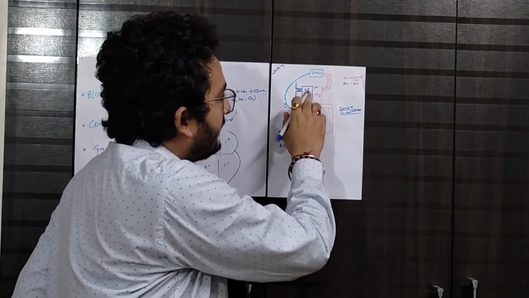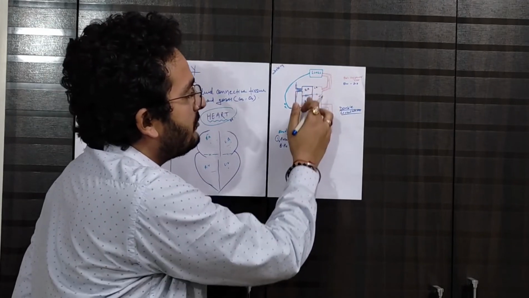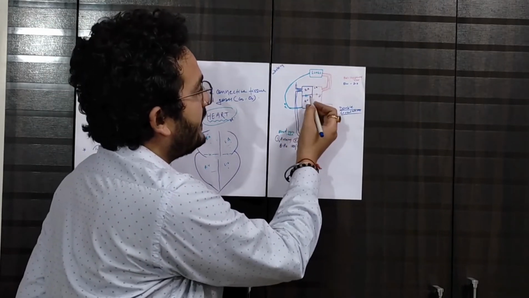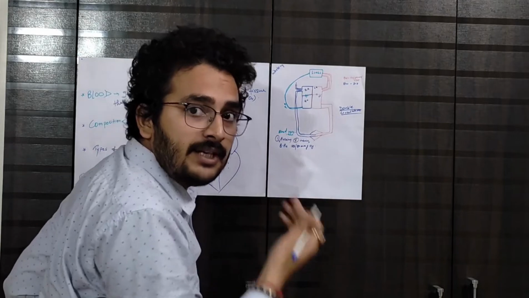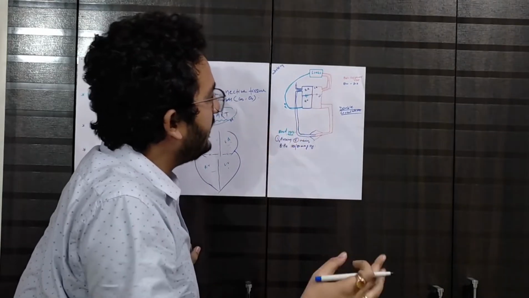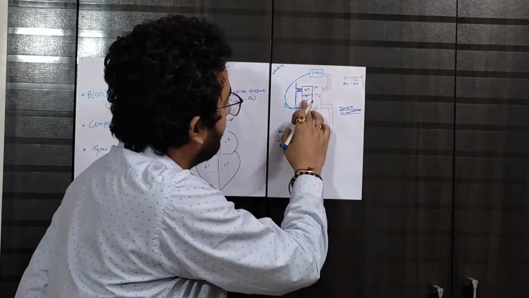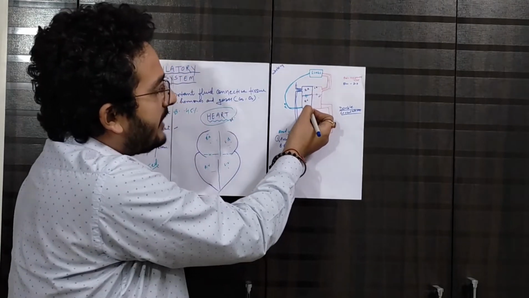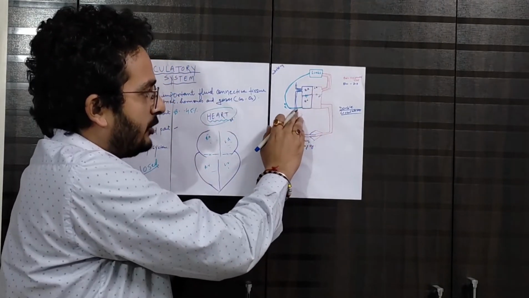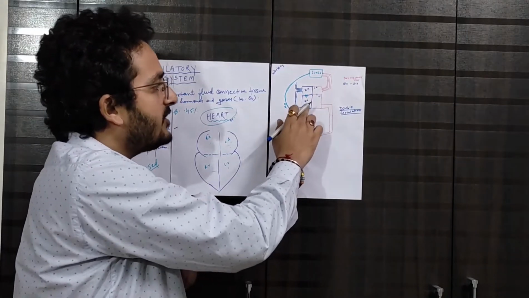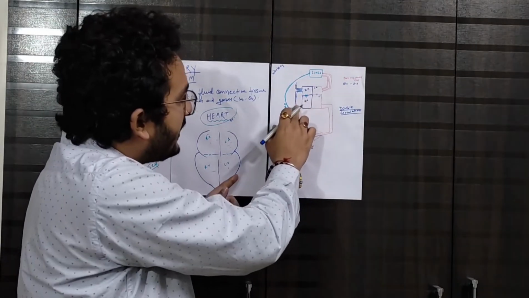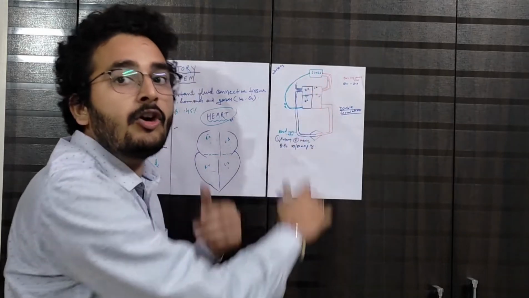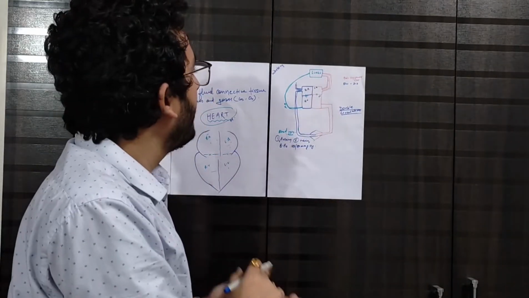After pouring into the right auricle, blood moves to the right ventricle, and here is a valve called the tricuspid valve which prevents the backflow of blood to the right auricle. From the right ventricle, a pipe called the pulmonary artery originates, which carries deoxygenated blood to the lungs for the oxygenation process.